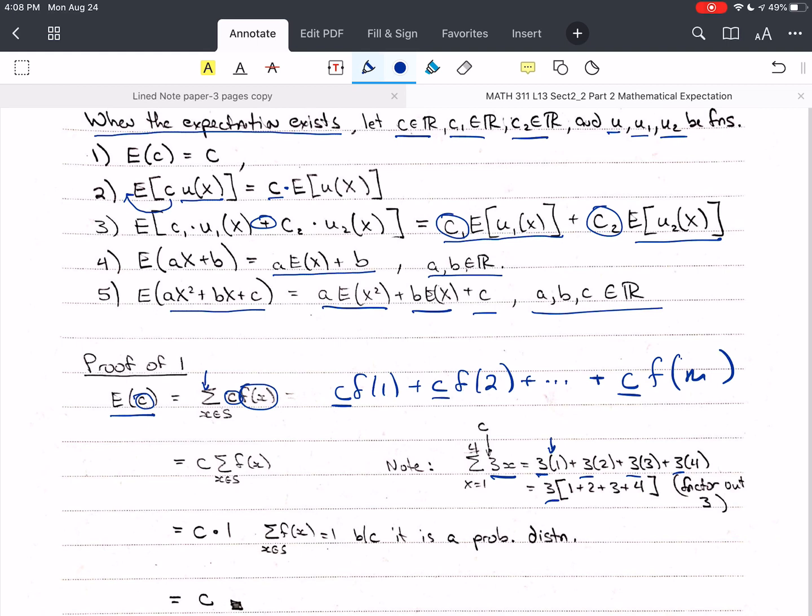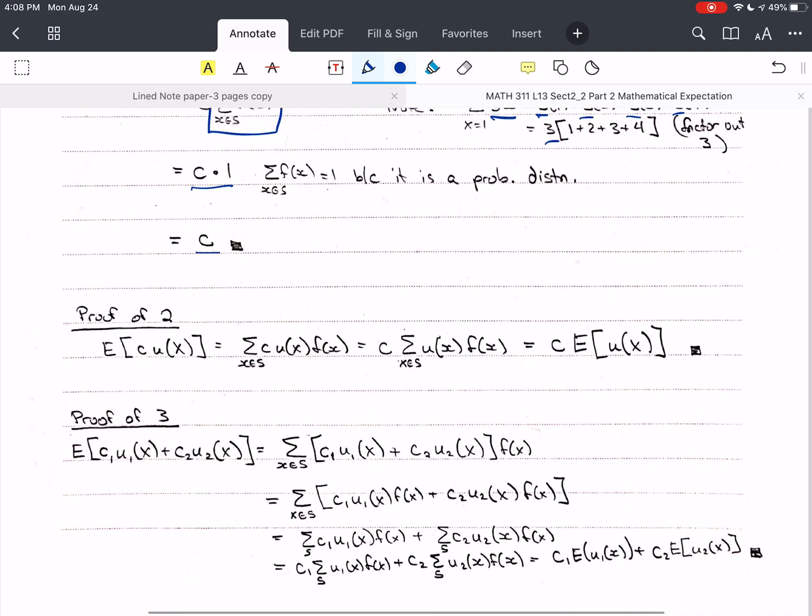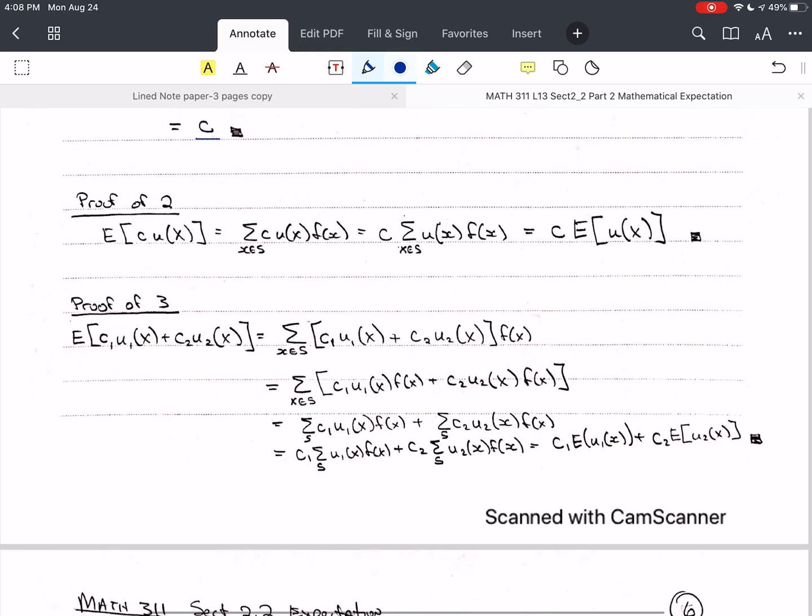So that is why we can factor the c in front of the summation, because it's in every term. And so remember that the sum of a PMF over all the values of x in the space is simply 1, because it's a probability distribution. So we have c times 1, which is c, and we've proved it.